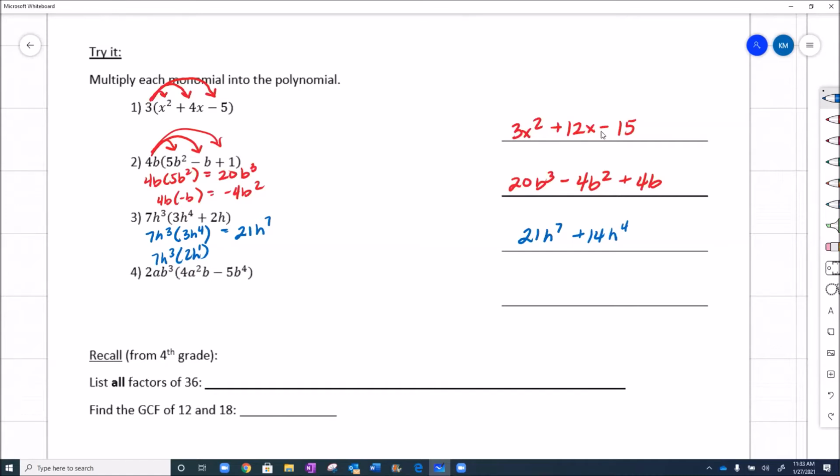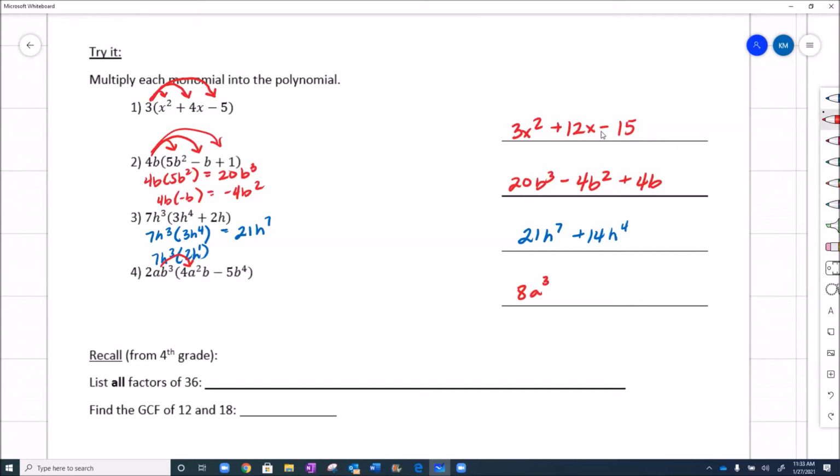All right, and that's that. And then finally here, we have 2ab cubed times 4a squared b minus 5b. All that grouping. 2 times 4 is 8. A times a squared is a to the 3rd.